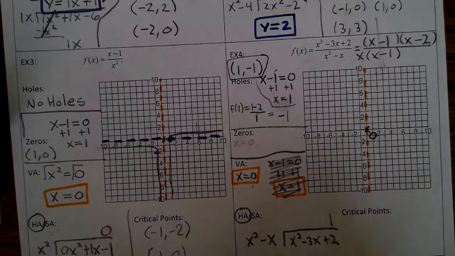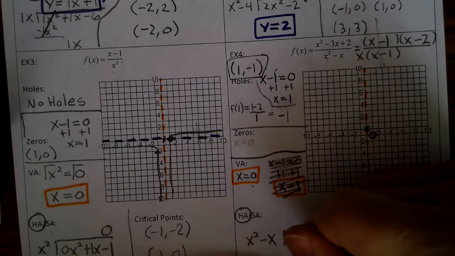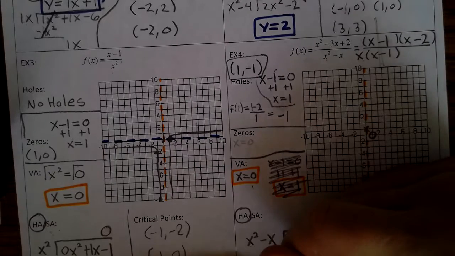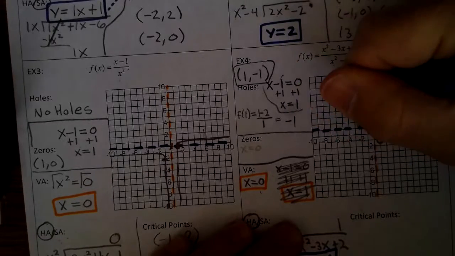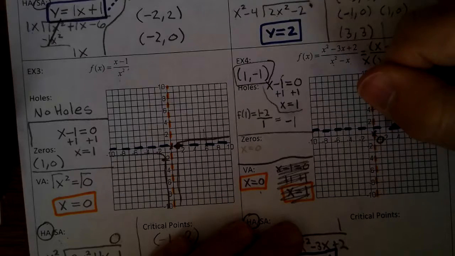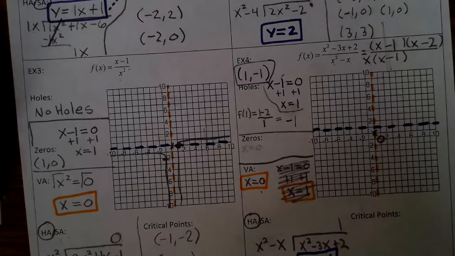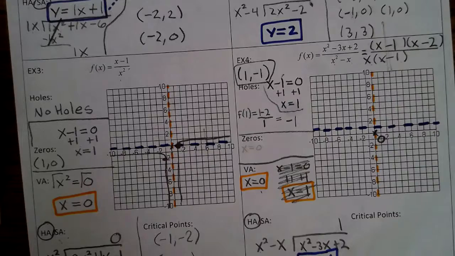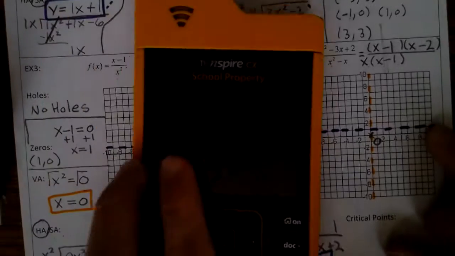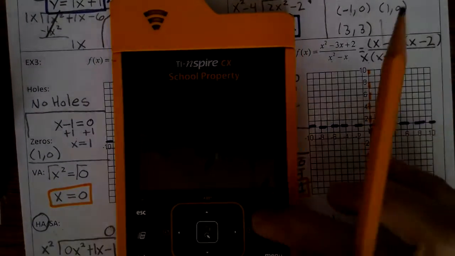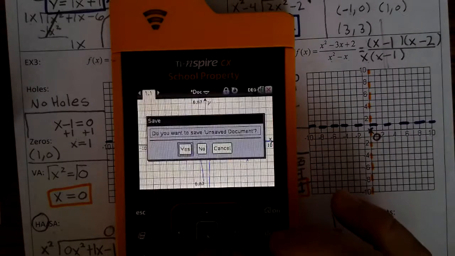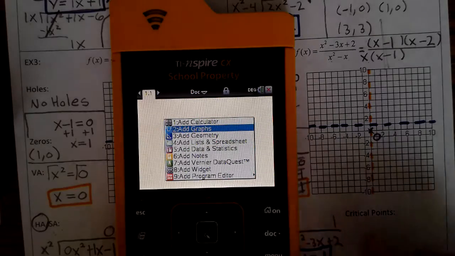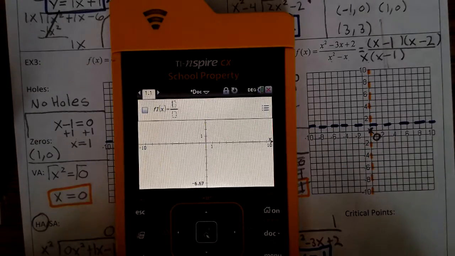All right, now let's graph to find the critical points. So on, new documents, no, add graph. So we press Control Divide, x squared minus 3x plus 2 divided by x squared minus x. Menu, view, grid, line grid.